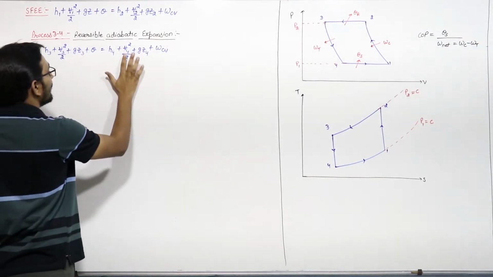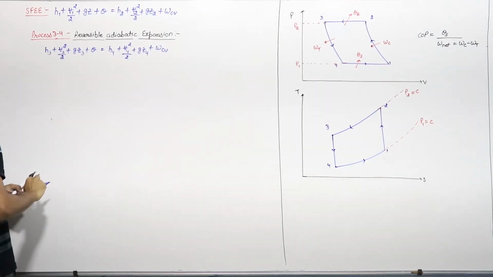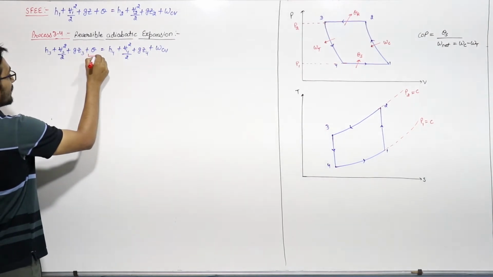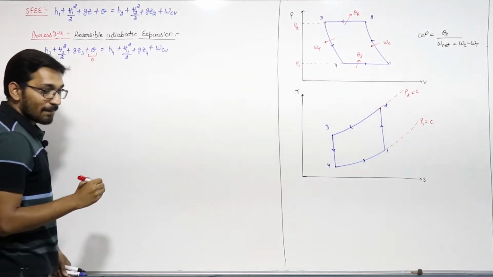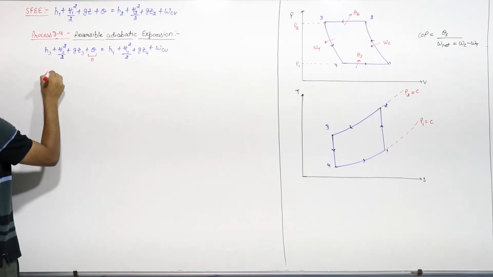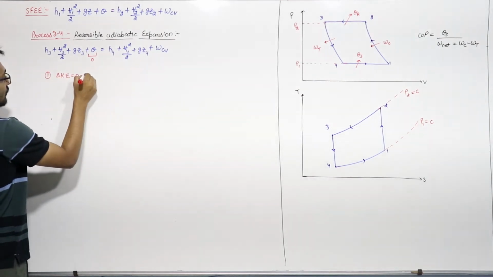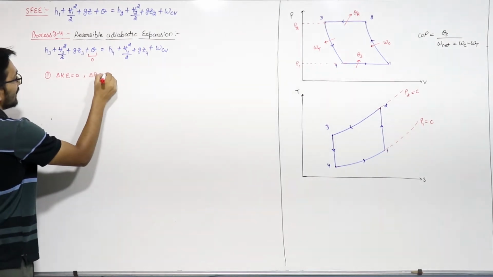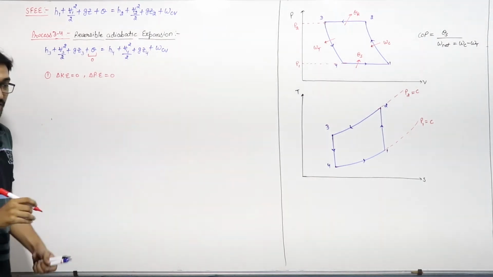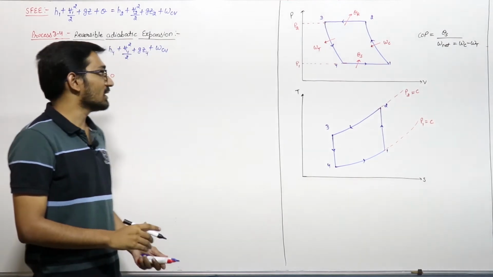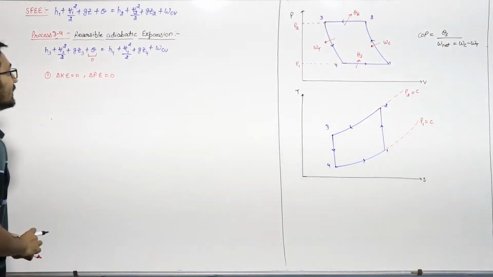Now we know that this is an adiabatic process, so heat transfer is 0. As the first assumption, changes in kinetic energy and changes in potential energy are 0.